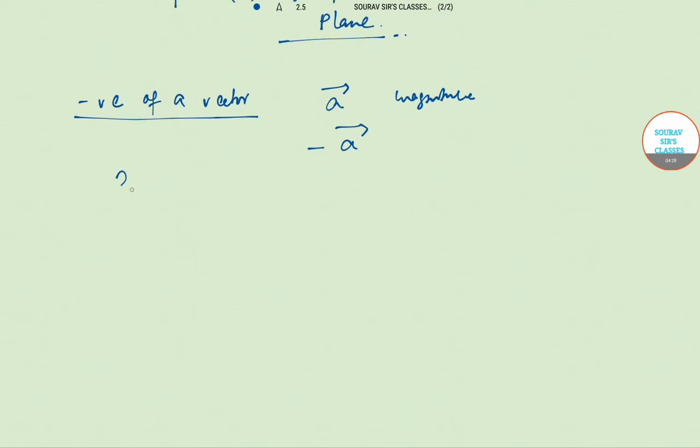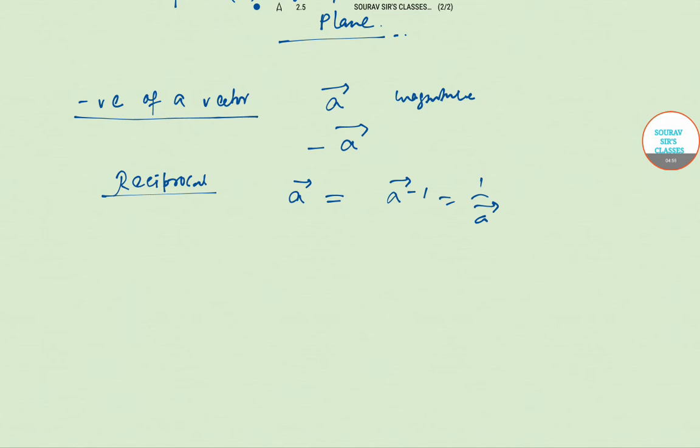Next is the reciprocal vector. The reciprocal of a vector has the same direction as the given vector A, but its magnitude is equal to the reciprocal of the magnitude of the given vector. For example, it is denoted by this, or rather 1 by this.